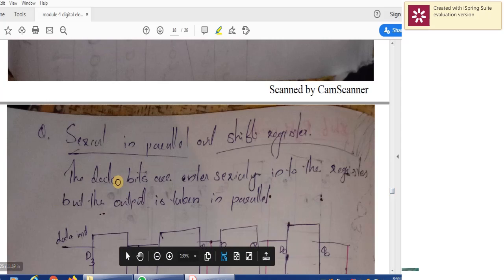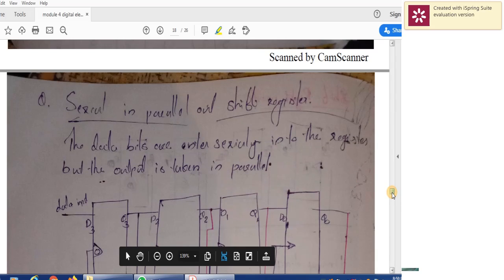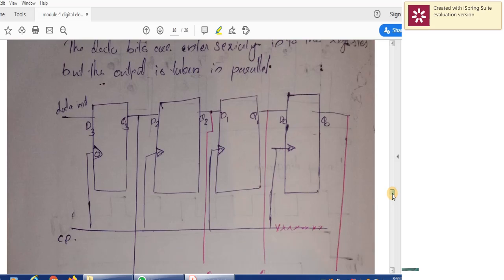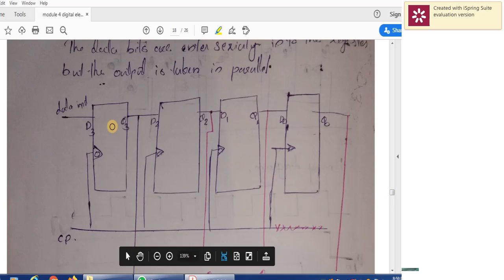That means the data bits are entered serially into the register, but the output is taken parallelly. So the inputs are entered serially, but the output we take parallelly. That means four D flip-flops, and all the clock pulses are connected to the common source clock pulse.